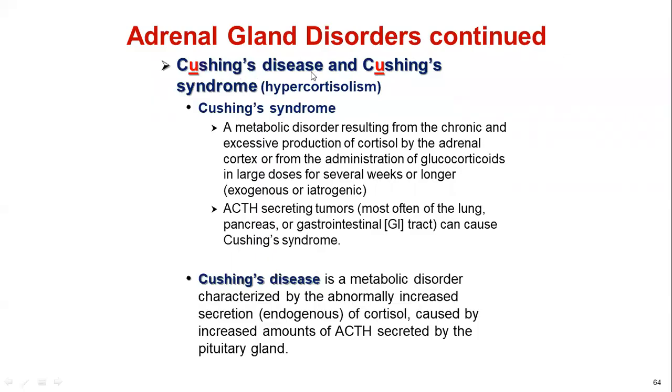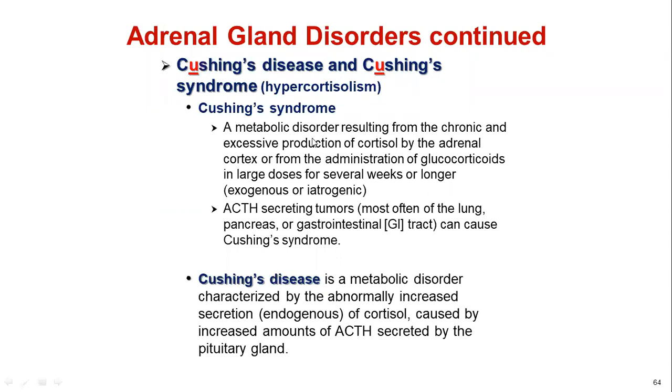So Cushing syndrome, we are going to talk here. As we already discussed in the beginning of this PowerPoint, Cushing, Cu means up, means overproduction of cortisol by adrenal cortex. So let me read what is written here.